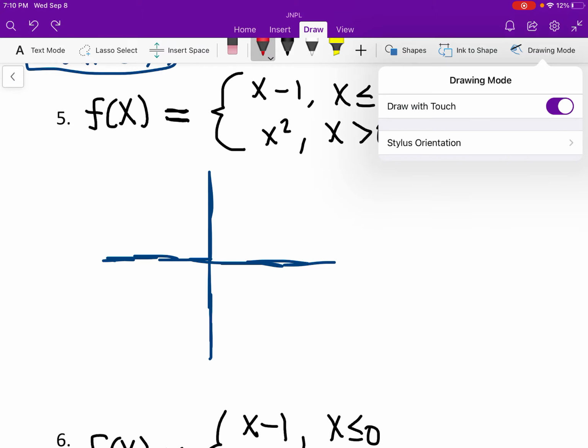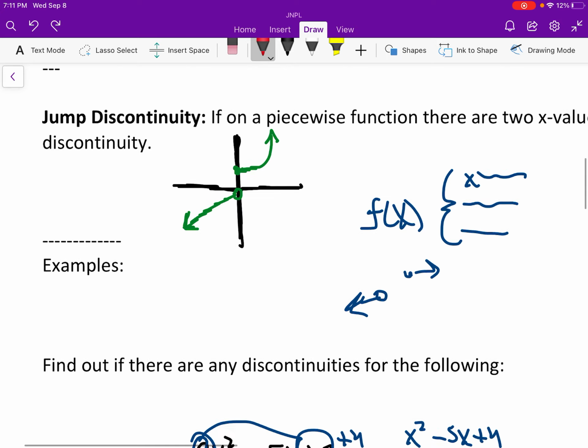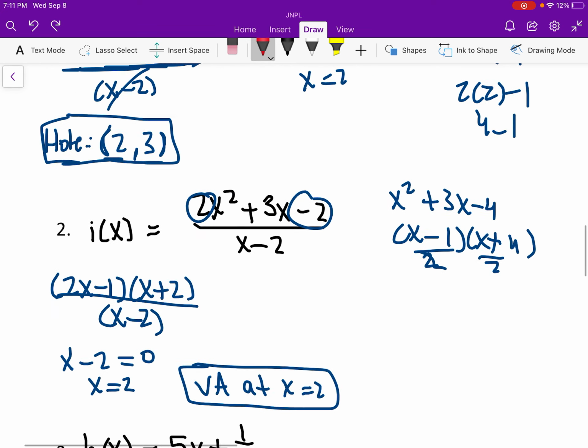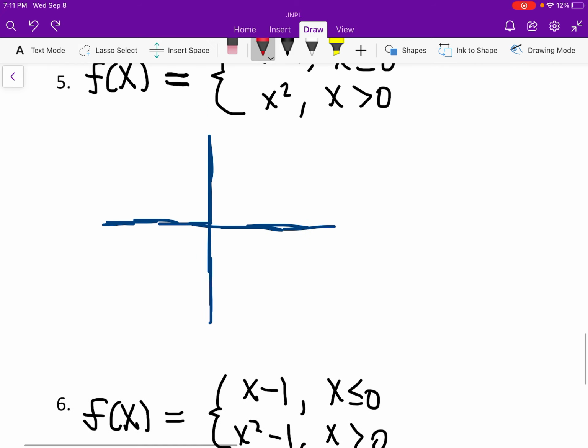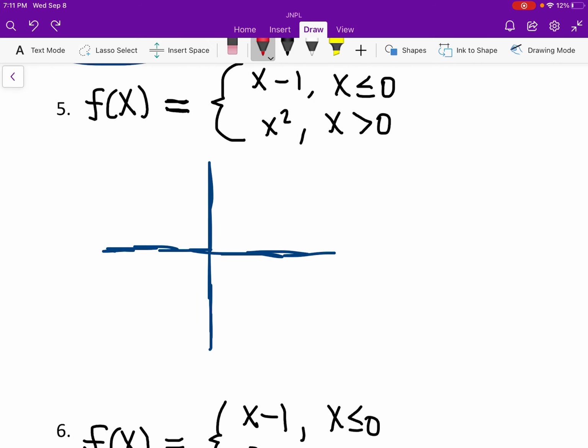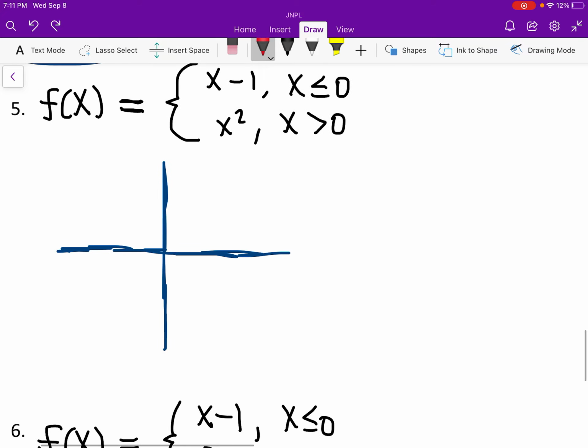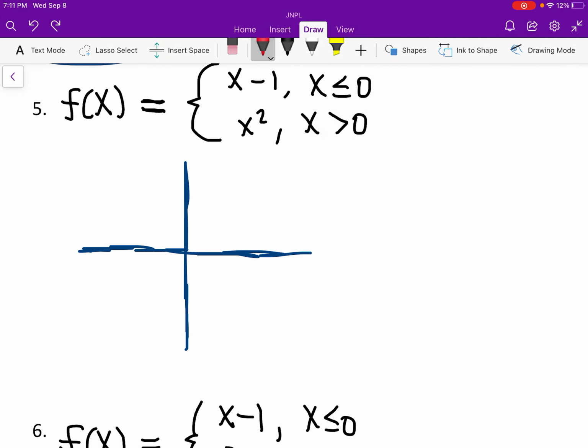To figure out the starting point, whatever is right here is our x value.